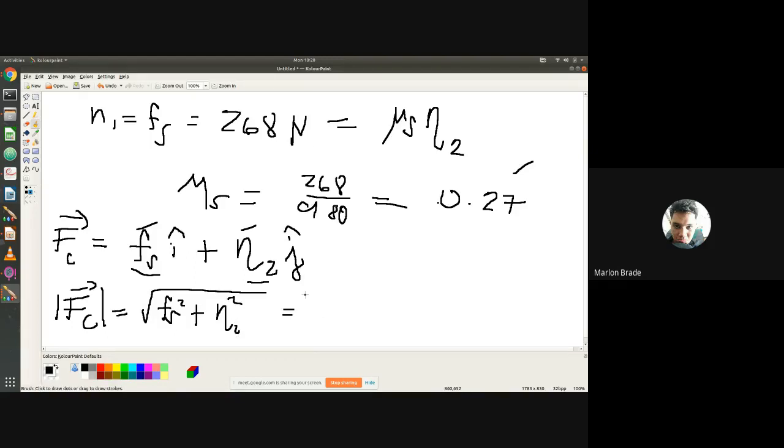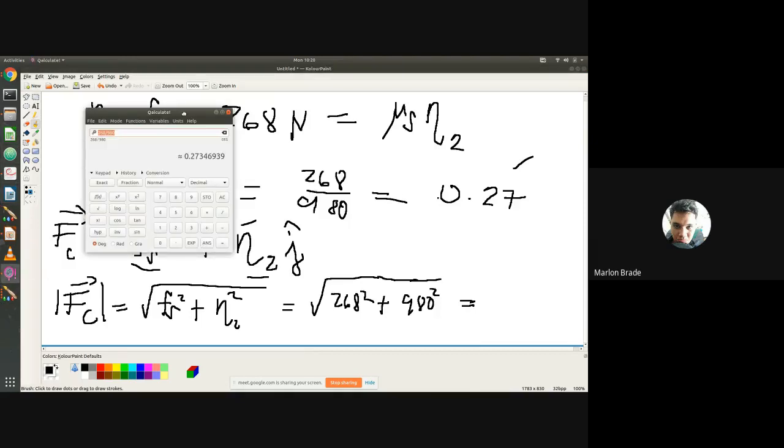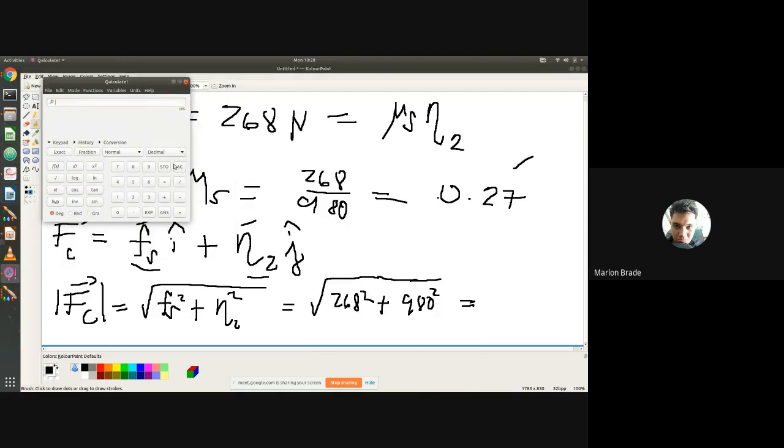Fs is 268. So this is the square root of 268 squared plus N2 squared. N2 is 980, right? So this is 268 squared plus 980 squared, then take the square root of the answer.